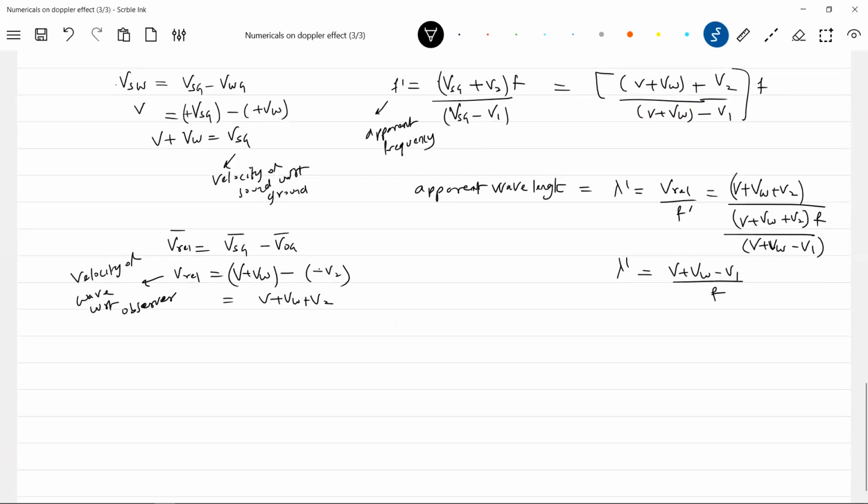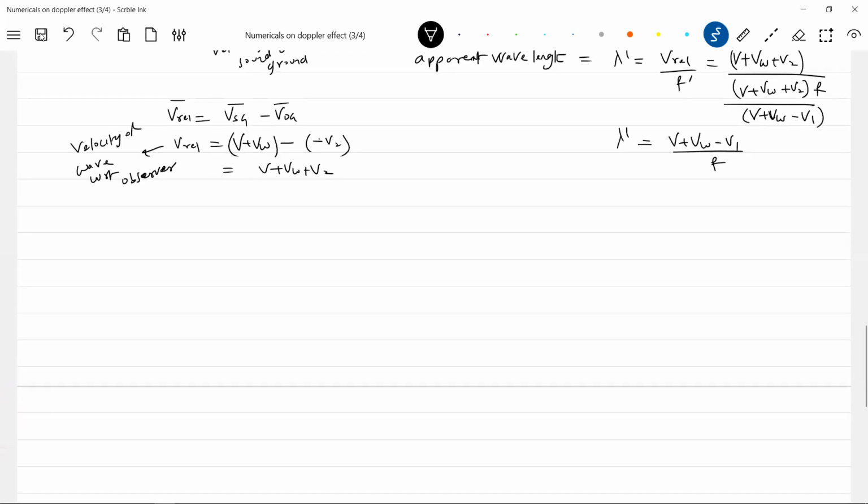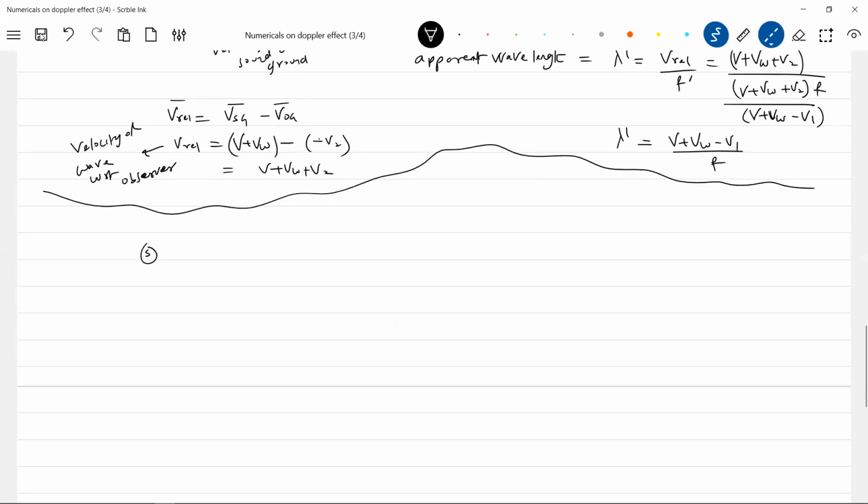Okay, now let's take another situation. If the source and the observer both are at rest, and the wind is blowing like this. The signal will be generated at an actual frequency f.